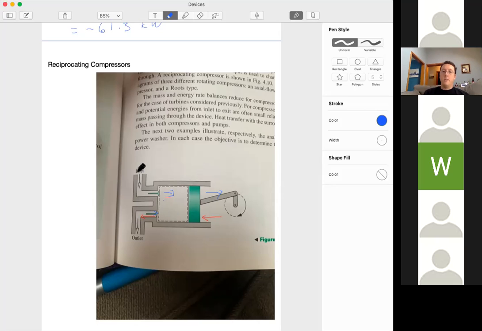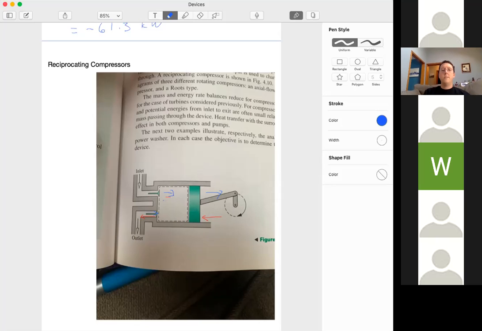So you've got a machine where the intake is at one pressure and the outlet is at another pressure. So compressors do what you think they do. They increase the pressure of the gas typically.